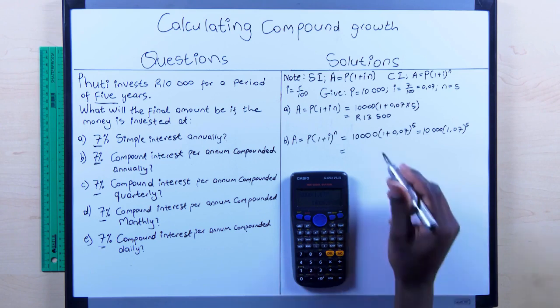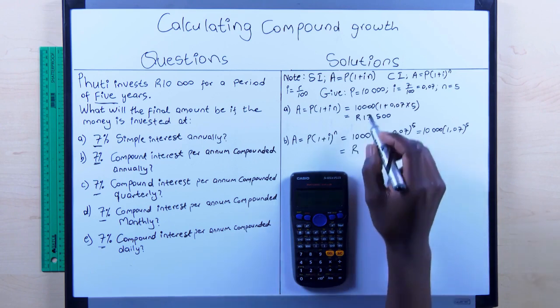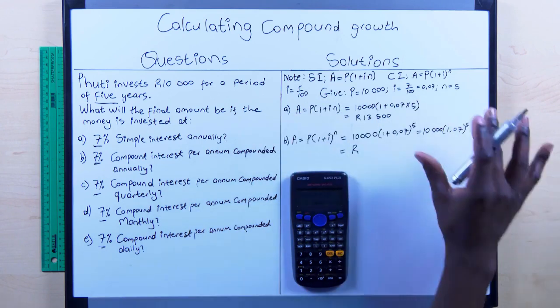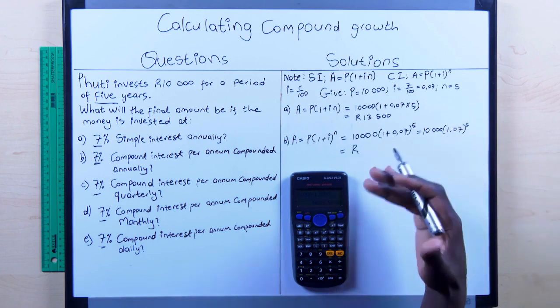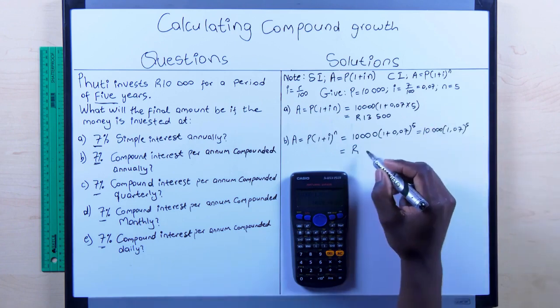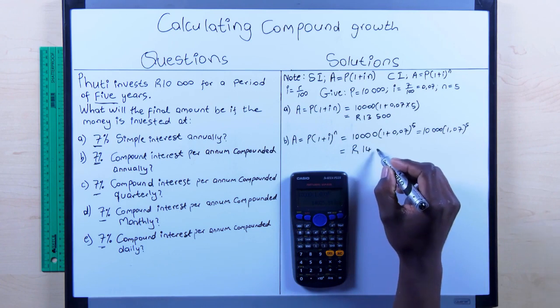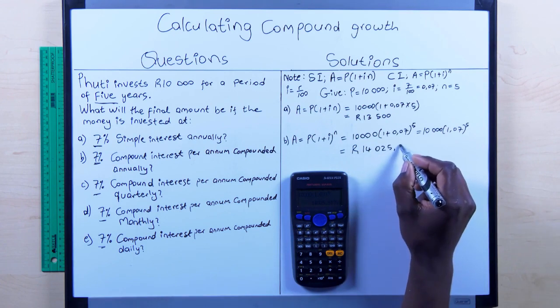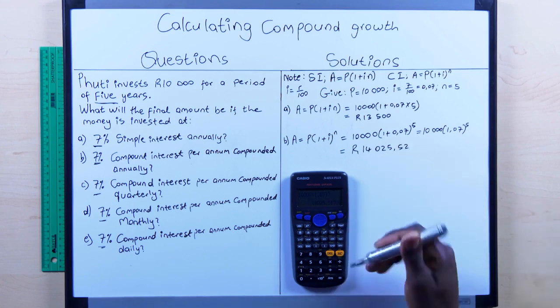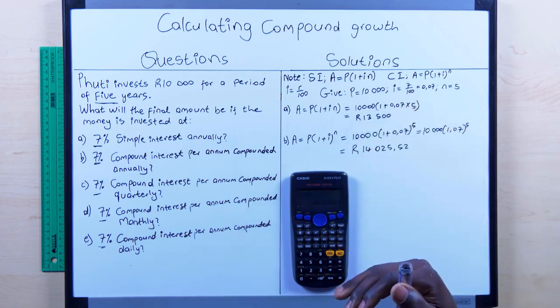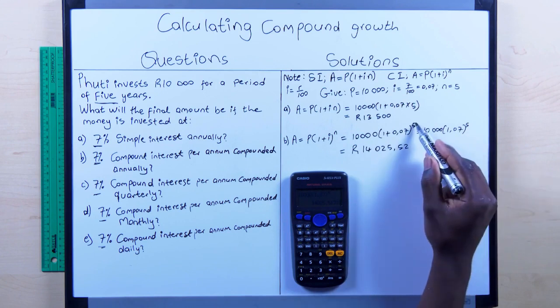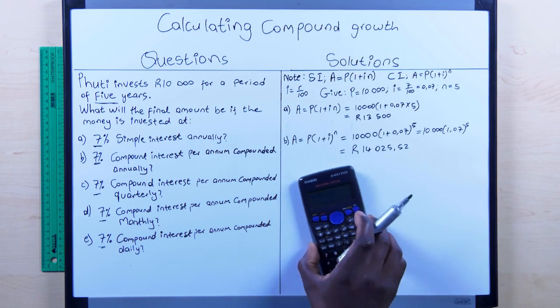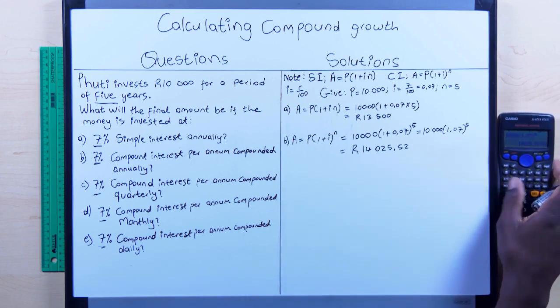If you have invested in compound interest with exactly the same terms, except that you are using compound interest instead of simple interest, you will get 14,025 rand 52 cents. So in compound interest, you are getting more than in simple interest, which is obvious because it's calculated with an exponential form of your n.